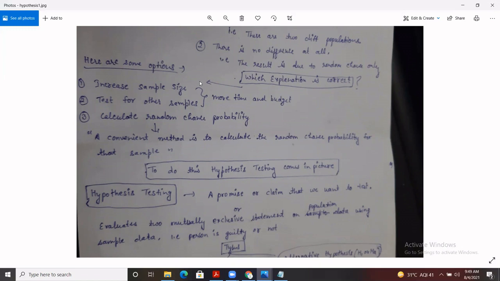For example, XYZ company is claiming that their particular product is killing 99.9% germs. This is what they have already said, and this is confirmed. Then one person came and tried to test their assumption or statement, and got to know that the product is not killing 99.9% germs.